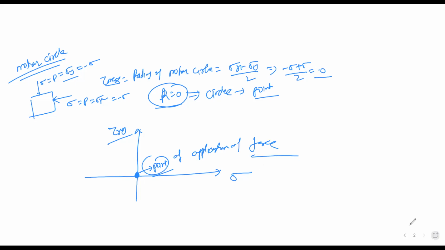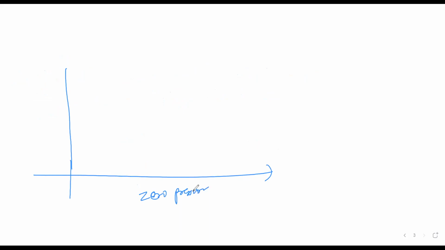Next, we will see different types of pressure. There is an XY plane. This x-axis is indicated as zero pressure. Zero pressure means the pressure measured at 0 Kelvin.